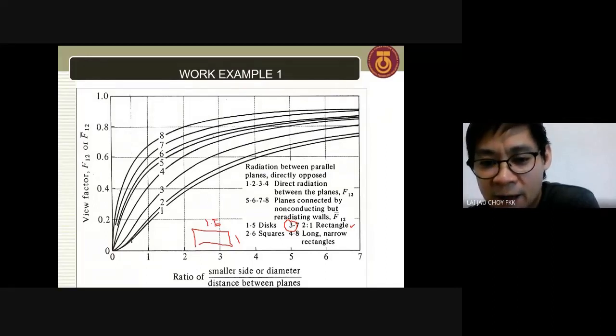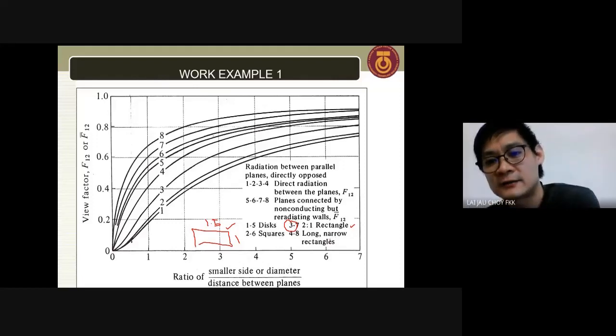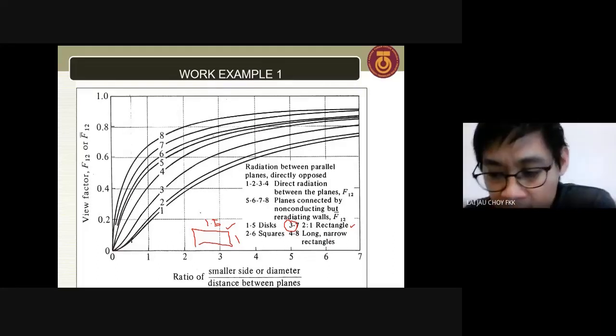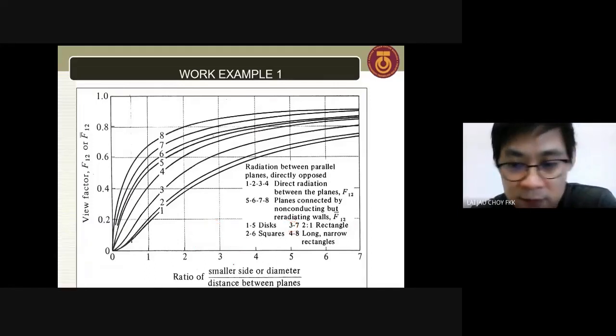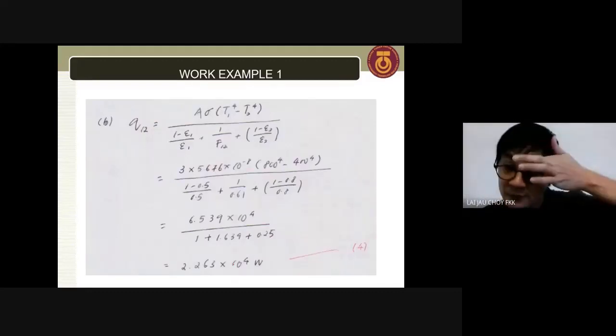I would categorize this as a 2-1 rectangle instead of long narrow, because the length is not at least 2 times the width. Okay, so let's move on. Let me clear this. Okay, let's move on to B.